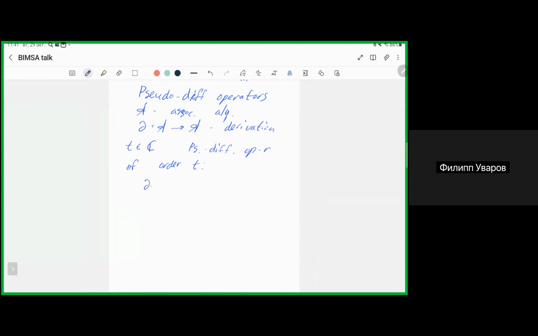So this is d to the power t minus i, I sum over i from 0 to infinity. So you look at this just as symbols for now, and these are some elements in your associative algebra. So infinite series like that, and since I said so for order t, I would like a_0 to be not 0. Okay.